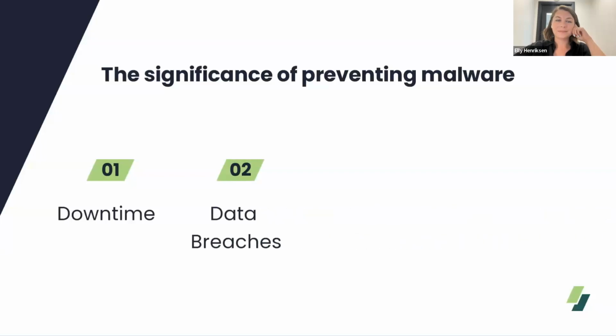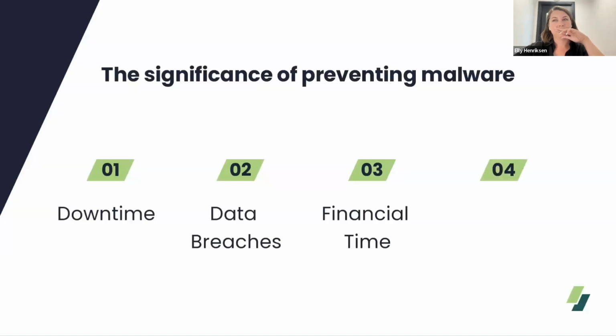Malware can lead to data breaches, jeopardizing sensitive customer and company information. Third, financial loss. The cost of recovering from a malware attack can be significant, including lost revenue, IT expenses, and potential fines or lawsuits. Lastly, trust. A strong security posture helps build trust with customers, partners, and stakeholders, ensuring our commitment to safeguarding their data.